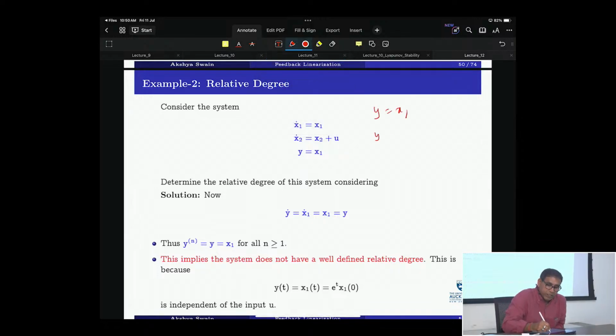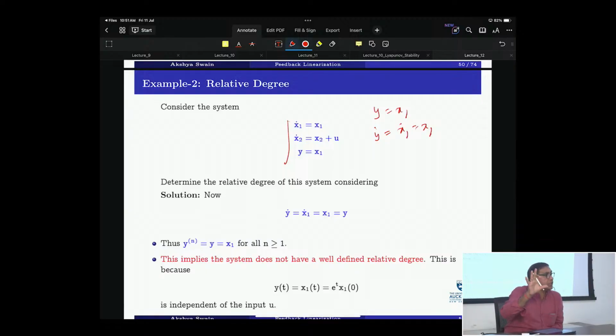You differentiate it, Y dot is equal to X1 dot. What is that? X1. You see these things? This is the equation. Y is equal to X1. I differentiate Y, so Y dot is equal to X1 dot, that's equal to X1.